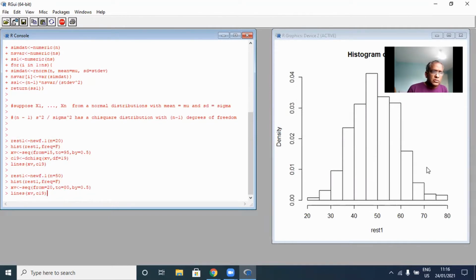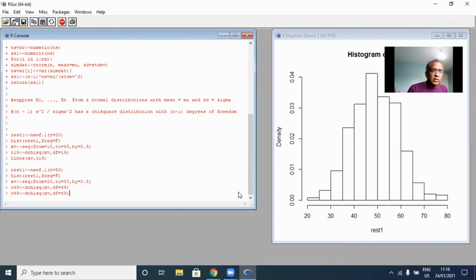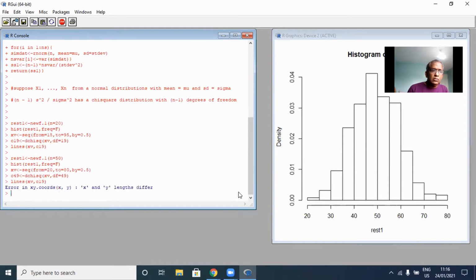Let's compute C. Here n is 50, so n minus 1 will be 49. And finally do the lines command. Sorry, it should be 49 here.